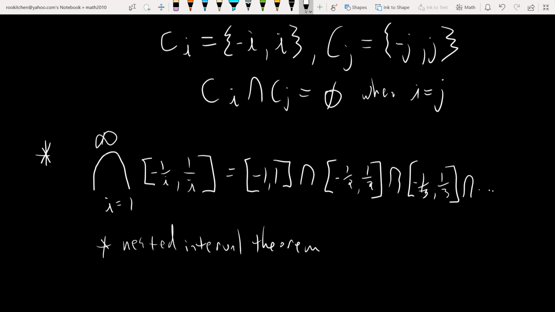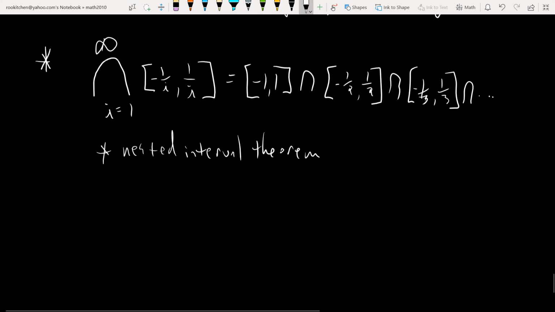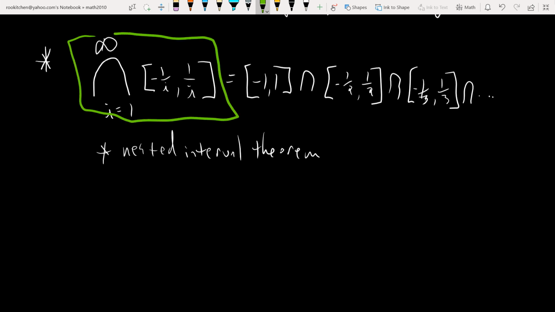What they say is basically if you have an intersection of a countable number of closed intervals, then that intersection is not empty. So if you take this intersection that I just wrote out here in the green box, it's going to have one element inside of it. You would prove it using sequences and infs and sups and stuff like that, probably. I don't remember off the top of my head, it's been a while. But the nested interval theorem says it's going to have something in it.